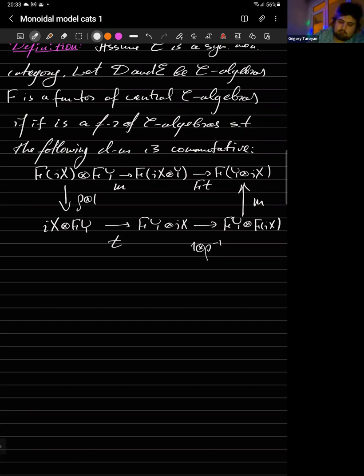Okay, so now we will do something a bit different. We will talk about closed monoidal categories. And the reason for this shifting of gears is the following.